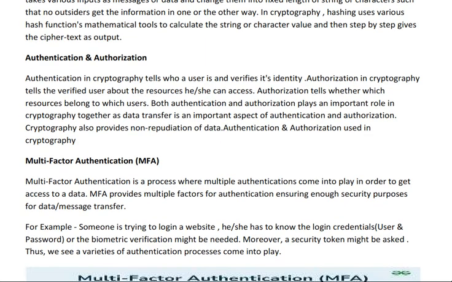Some examples: when you try to log in to a website, you need to know the login credentials, or biometric verification might be needed. Also, a security token might be asked for. Thus, we see a variety of authentication processes come into play.